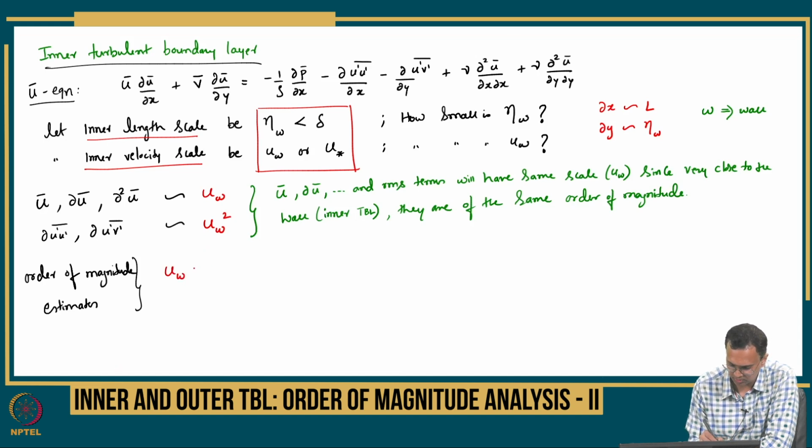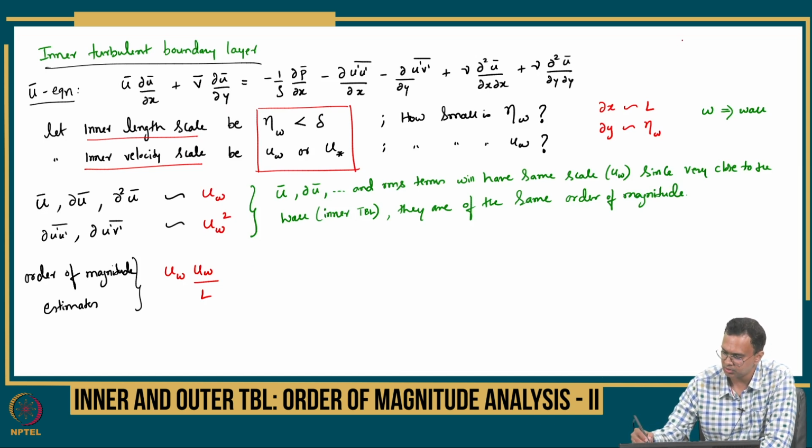Dou u bar is also uw over L, the first term. The second term is v bar. For v bar we didn't do it, but we can use the continuity equation again, right? Using the continuity equation, I can say dou u bar by dou x is dou v bar by dou y, right? Continuity equation.